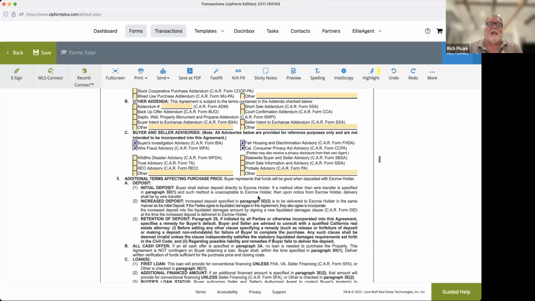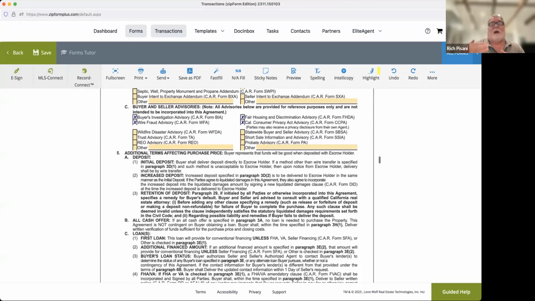So now we get into those paragraphs that we were talking about that are basically explanations of the terms. So the first having to do with the deposit, the initial deposit, the increased deposit, and then very importantly, the A3 retention of the deposit, meaning we get to keep the deposit.